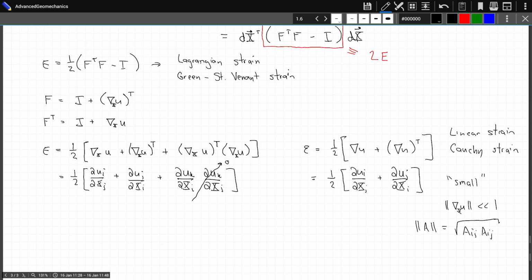Again, we have repeated indices, so we sum over i and sum over j. This is going to be a scalar. We call that the magnitude of the tensor. So whenever the magnitude of the displacement gradient is much, much less than 1, that's when we call it small, and that's when you could get away with using the small strain.